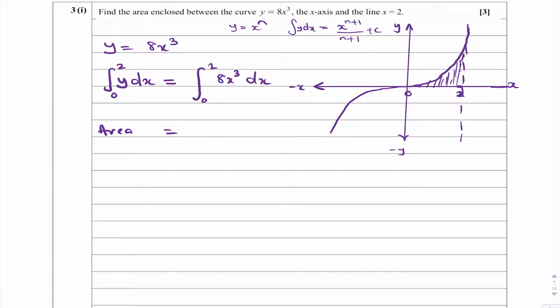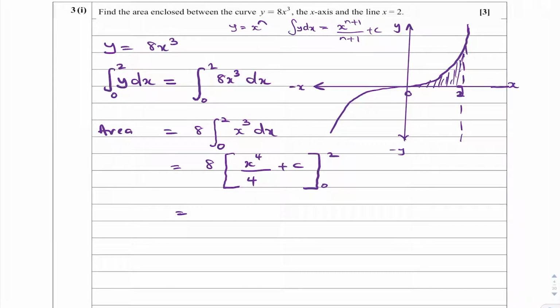8 is a constant, so you could take the 8 out and just do the integral from 0 to 2 of x cubed dx. And then you get 8 times square bracket x to the power of 3 plus 1 over 3 plus 1, plus c, close square bracket, with the boundary 0 and 2.